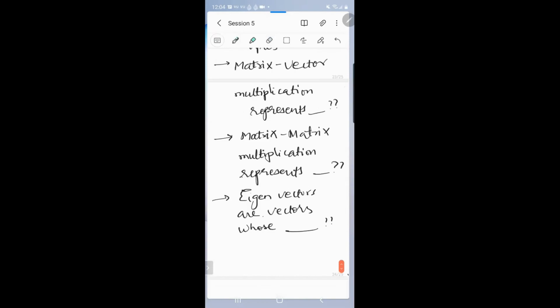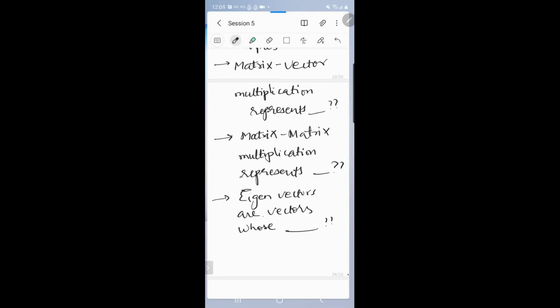What does matrix multiplication represent? When you multiply two matrices, what does it really mean? Applying two transformations, one after the other.